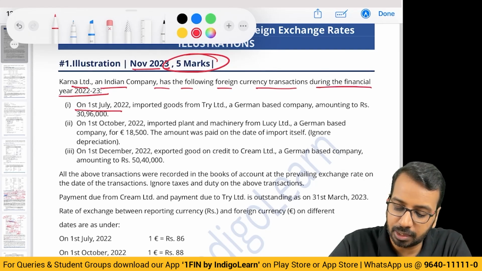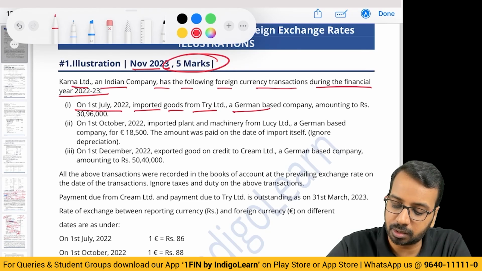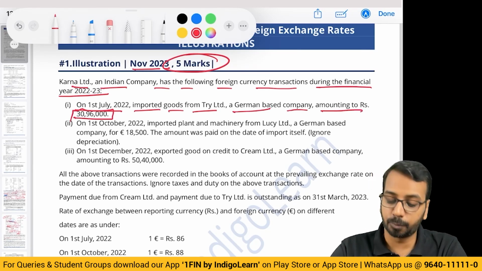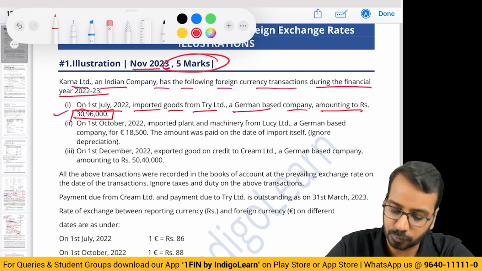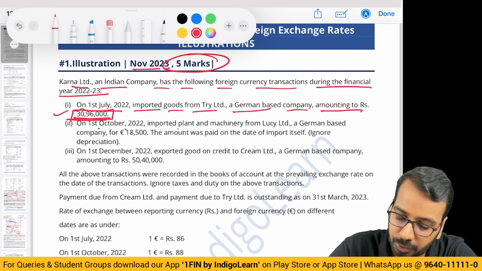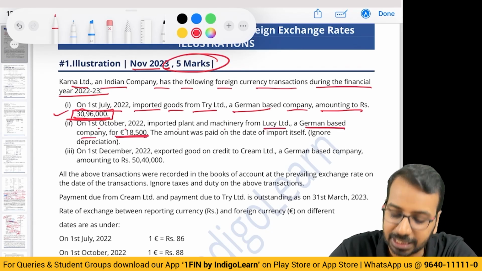On 1st of July, imported goods from Tri Limited, a German-based company, amounting to rupees 30,96,000. On 1st of October, imported plant and machinery from another German-based company for euro 18,500.